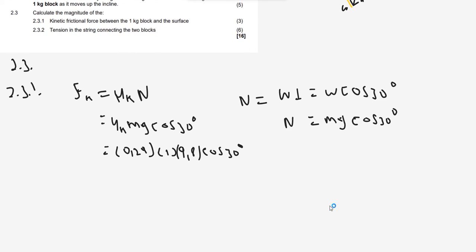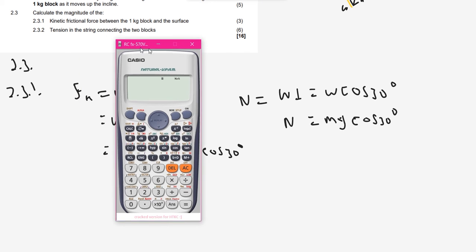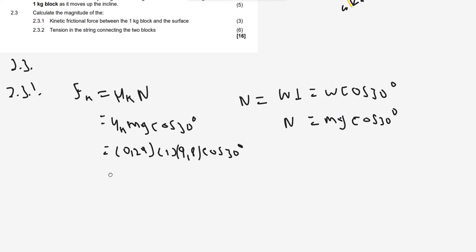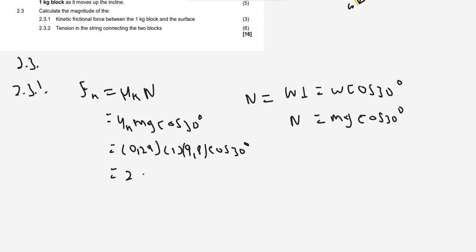You can use a calculator here: open bracket 0.29 times 1 times 9.8 times cos 30 degrees, and it is equal to 2.46. So it is 2.46 Newton, and this is our frictional force for the 1 kg block.